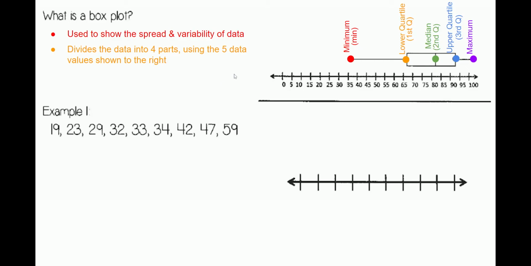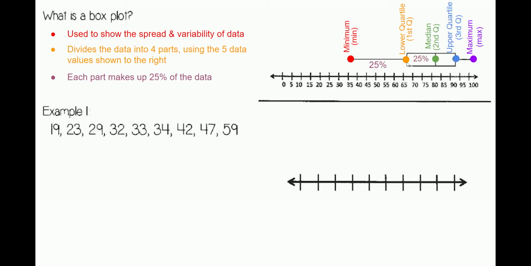Finally, the thing with box plots is that each part makes up 25% of the data. So what do we mean by parts? Well, there are 4 parts in between. This is the first part, and this is 25% of the data. So 25% of the products at the Dollar Tree are between 35 cents and about 66 cents.